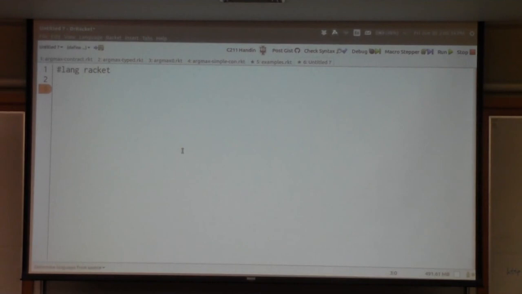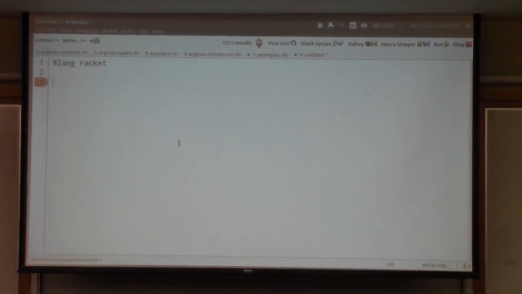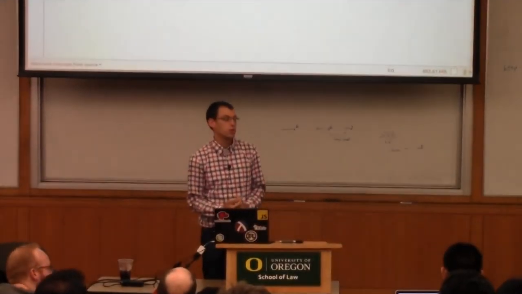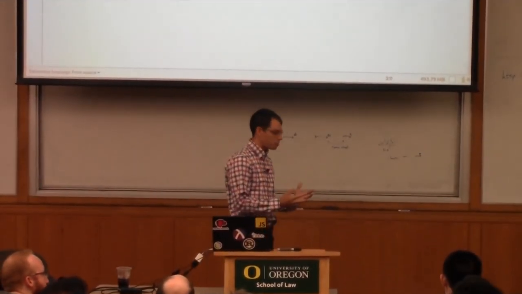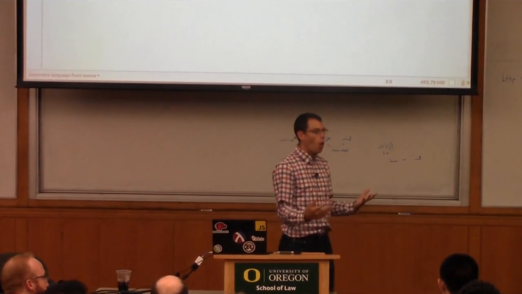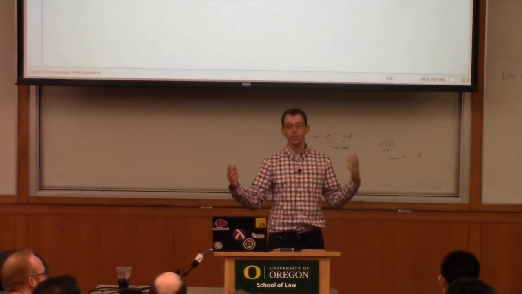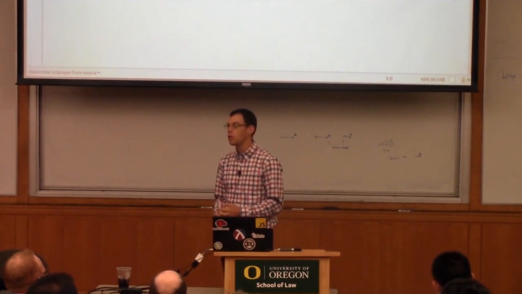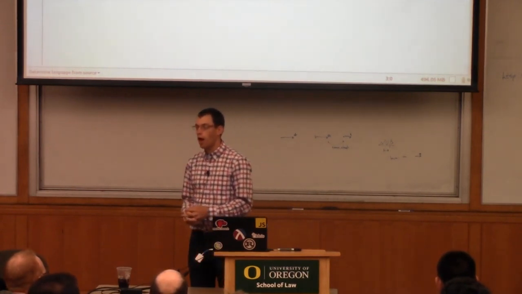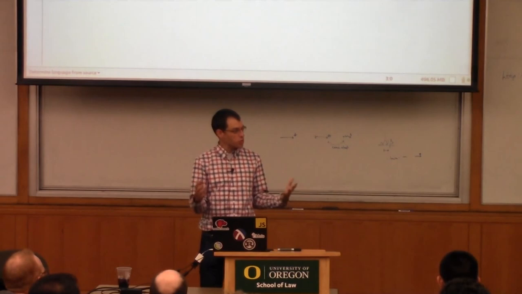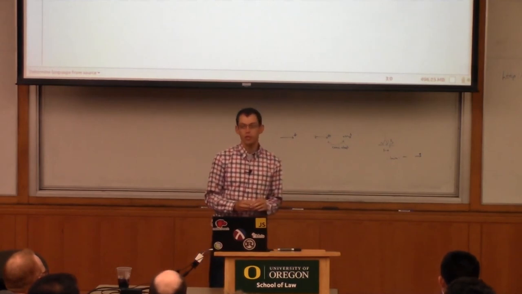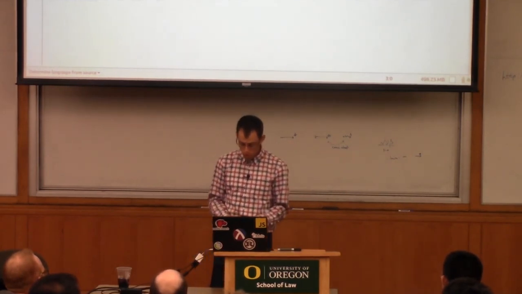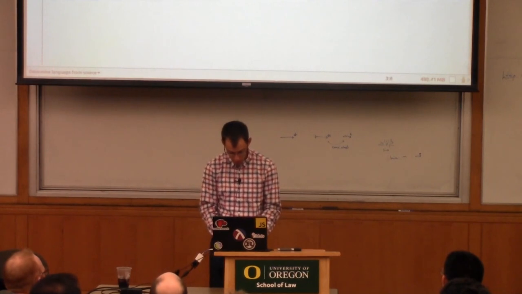So what contracts and gradual types are really about is specification. To talk about specification, all we mean is some way of describing what it is that we want our programs to do. And we're going to start with a function that has a sort of interesting specification, which is the Argmax function.